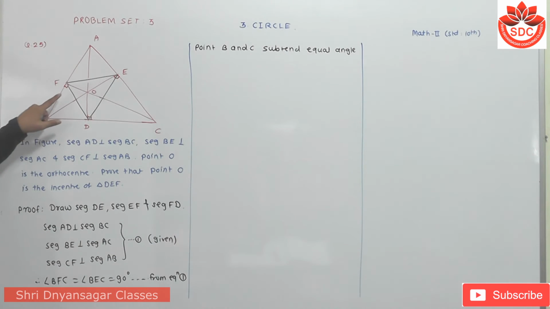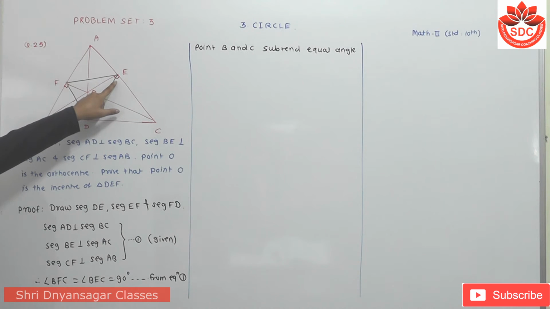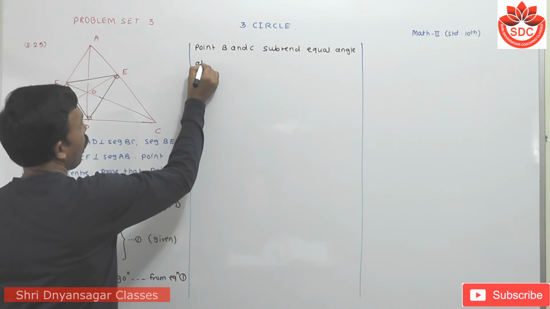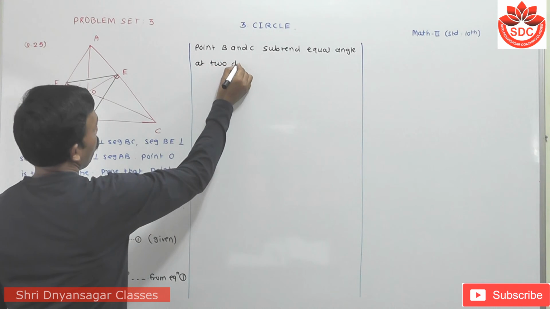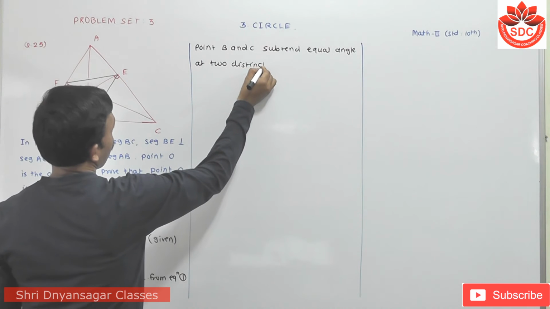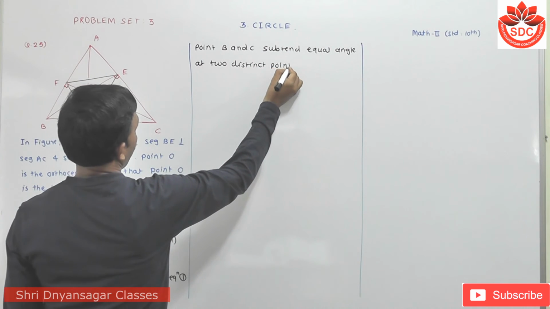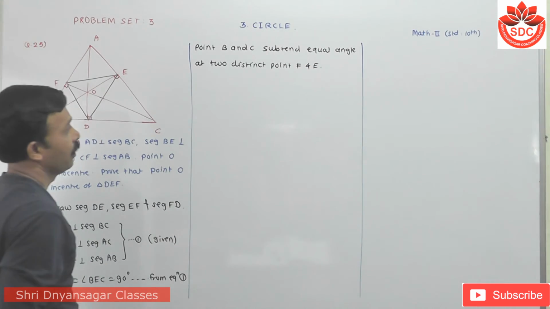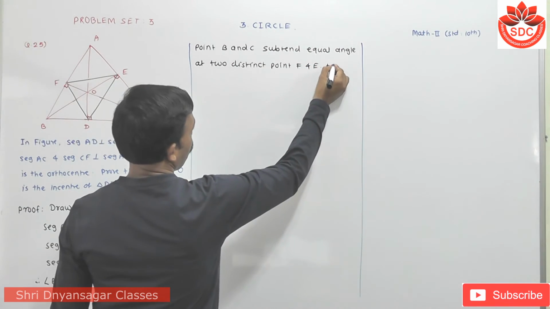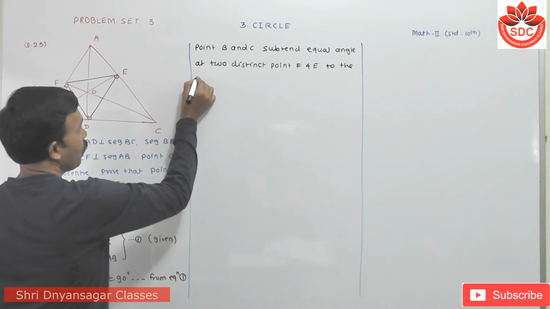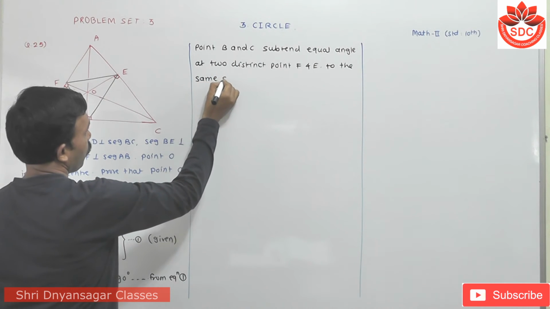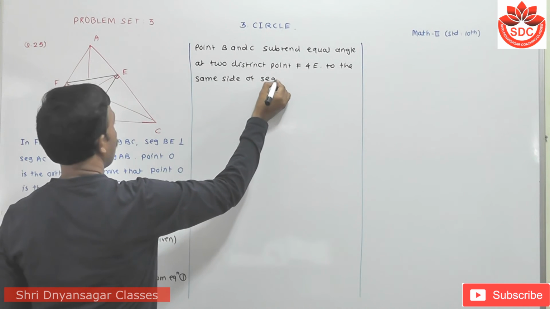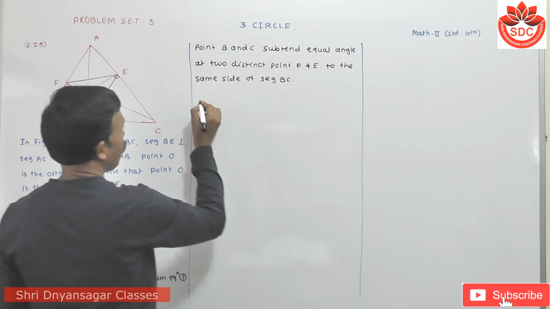Equal angle means that angle F and angle E are equal angles at two distinct points F and E to the same side of segment BC.